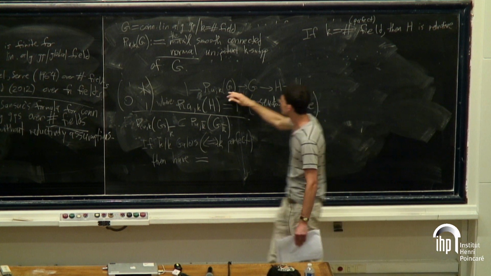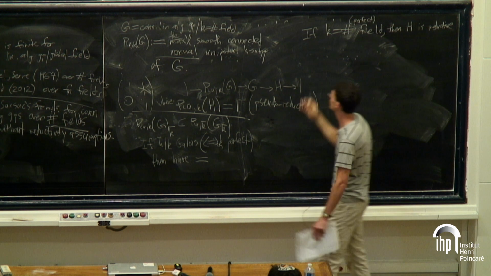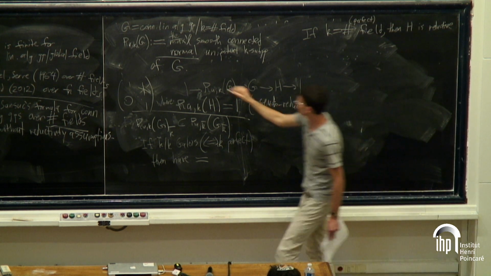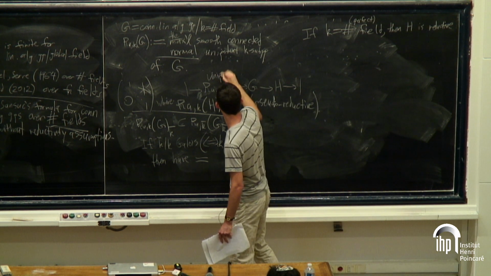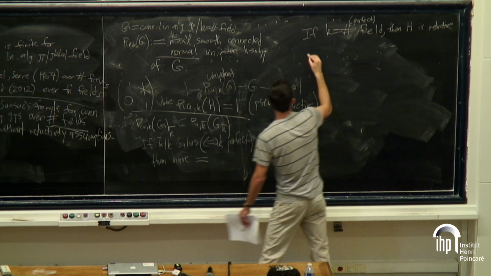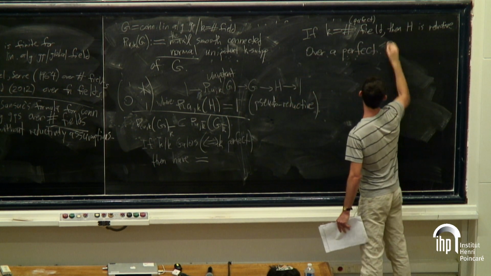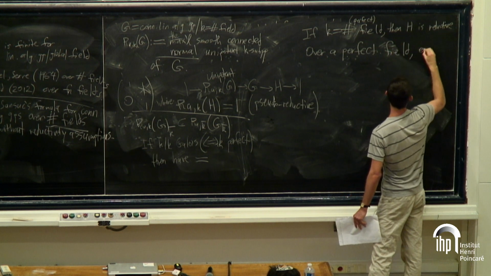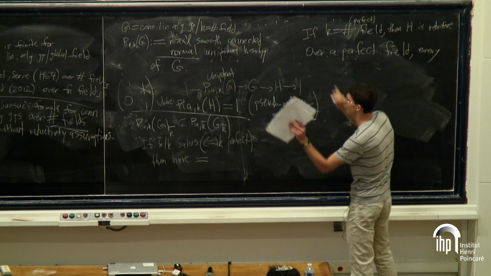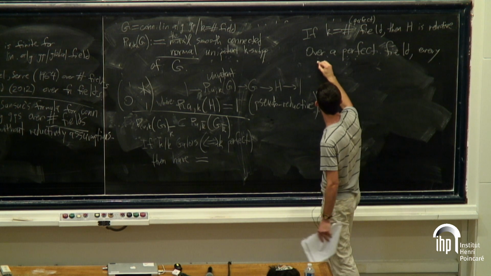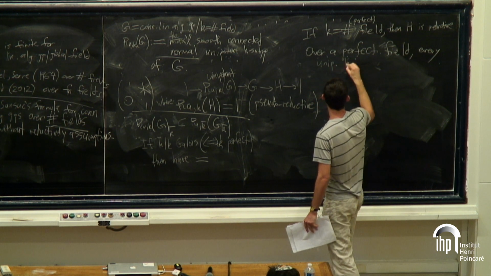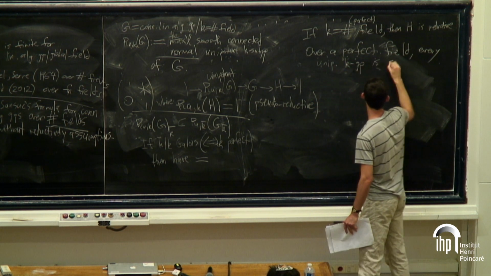And one more thing goes well if you're over a perfect field, like a number field. This group is, of course, unipotent by definition. So over a perfect field, every smooth connected unipotent K-group is split unipotent.